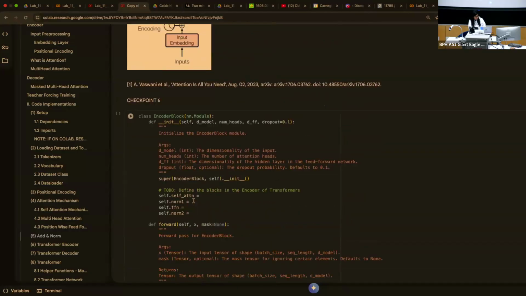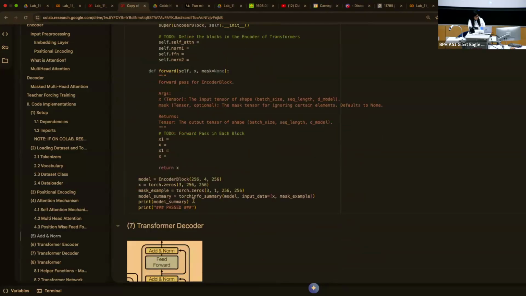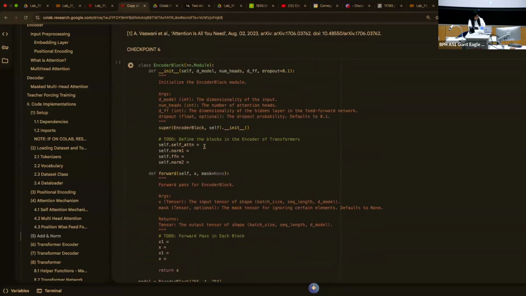Now we finally come to the encoder block. So what we want to do here is we want to initialize the self-attention, the norm layer, the feed-forward network, and then a norm layer again.